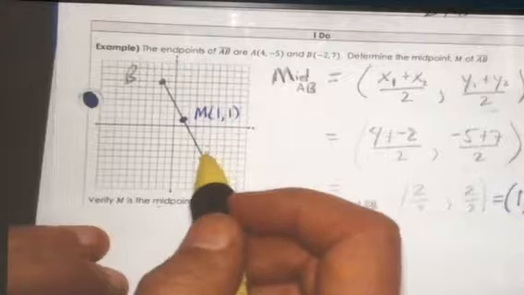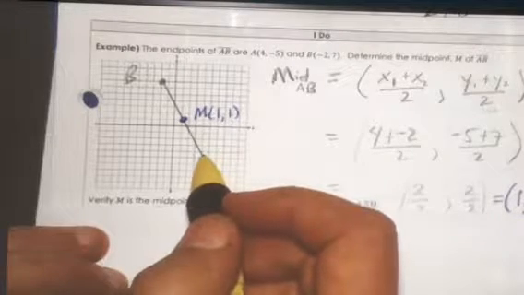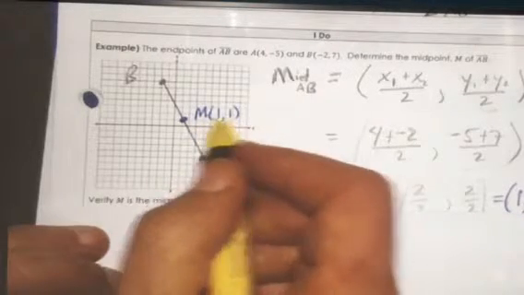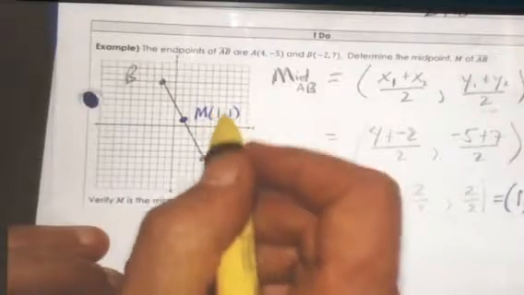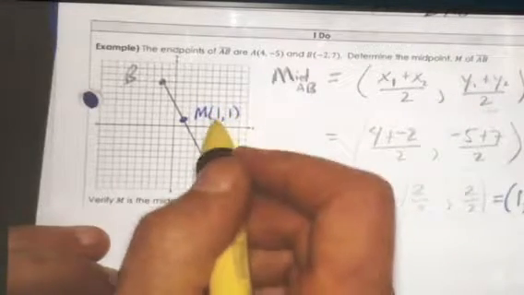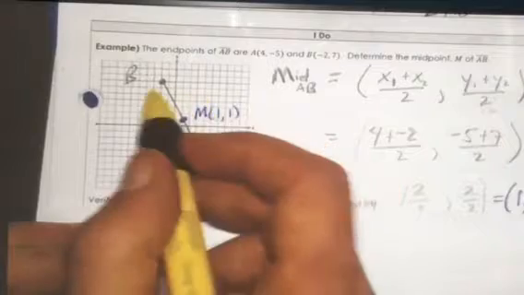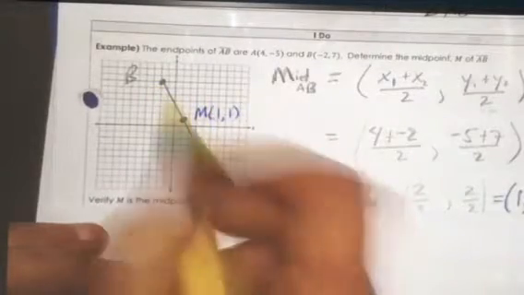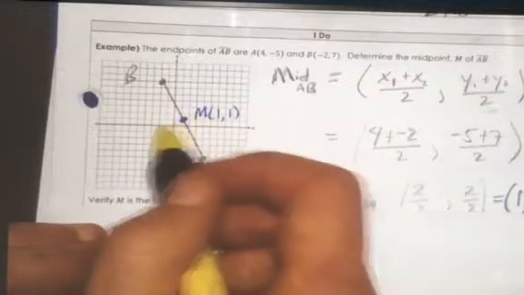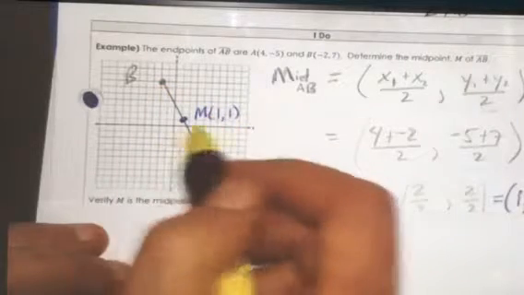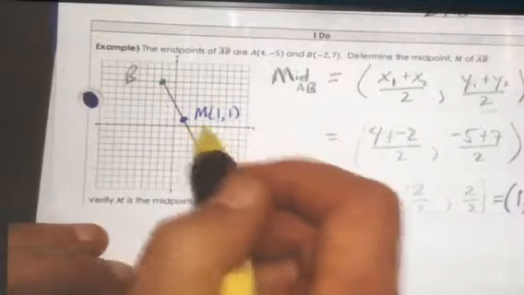So the way we do this is the coordinate of the midpoint will have its x as the average of the x values from the endpoints. So here we're at x equals -2, and here we're at x equals +4.